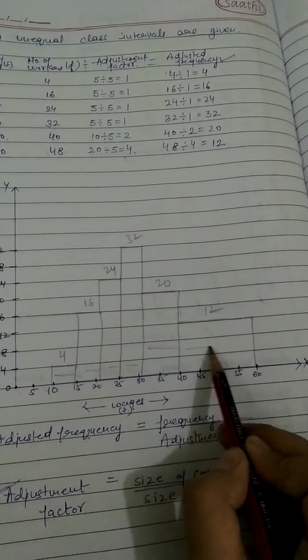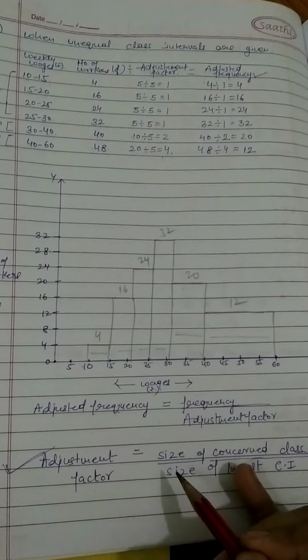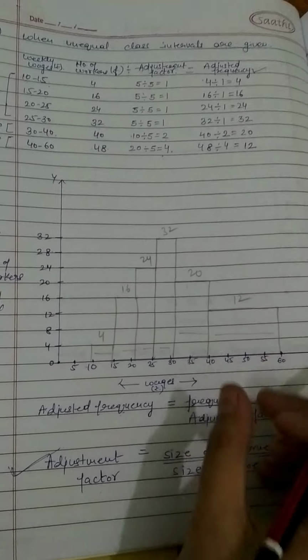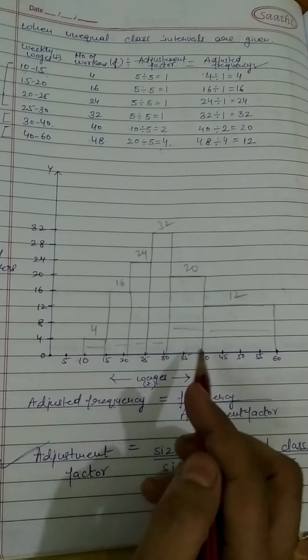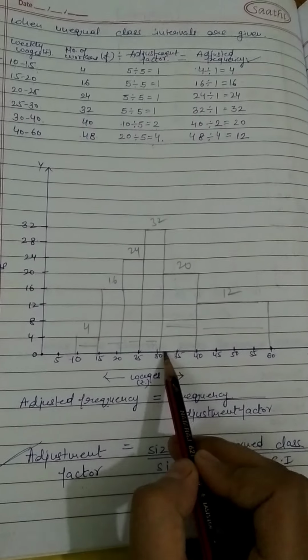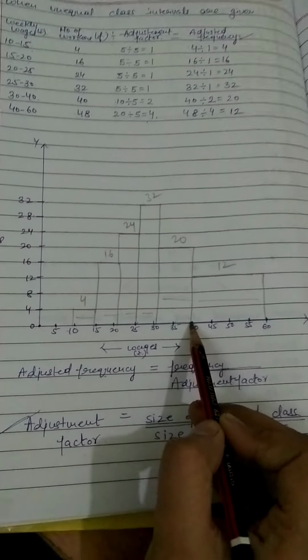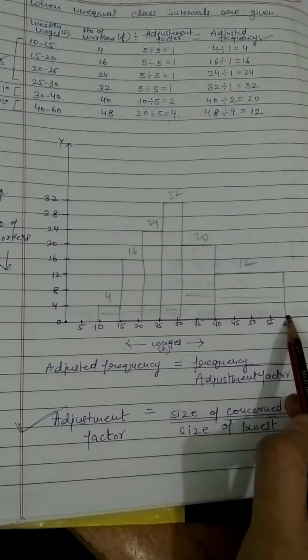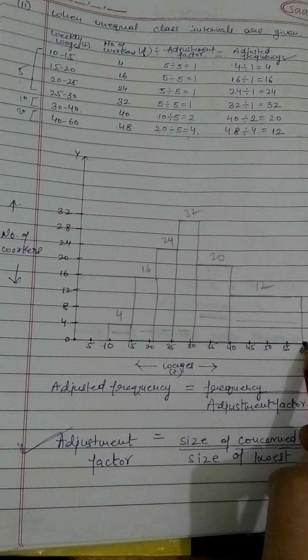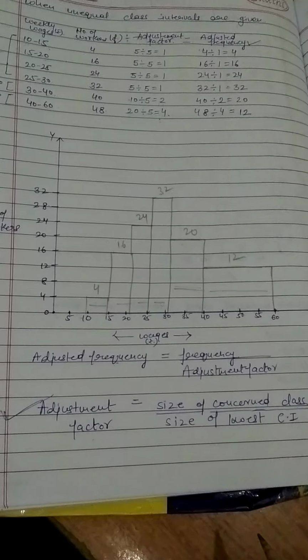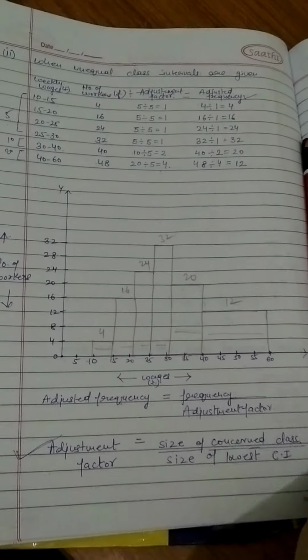This histogram's width is the largest because the class size is 20. These are the histograms of the class size of 5. This is the class interval of 10, and this last histogram shows the class interval of 20. So like this you draw the histogram in case of unequal class interval.